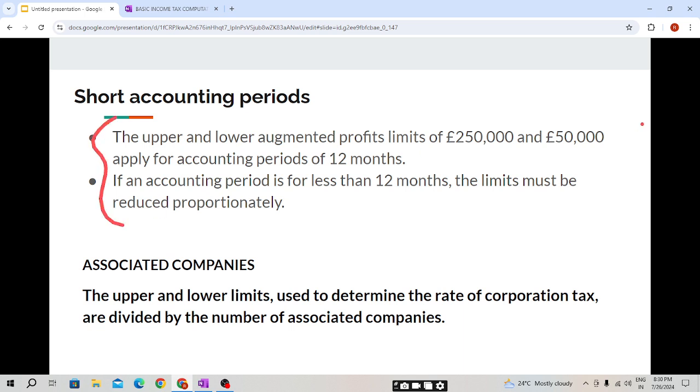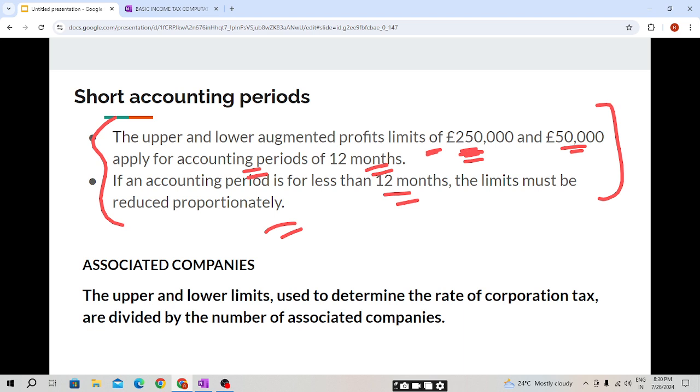Now students, coming to short accounting period, the upper and lower augmented profit limits of 250,000 pounds and 50,000 pounds apply for accounting periods of 12 months. If an accounting period is less than 12 months, the limits must be reduced proportionately. Simple.